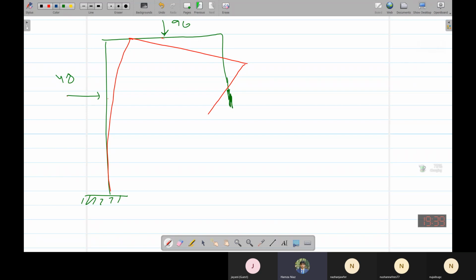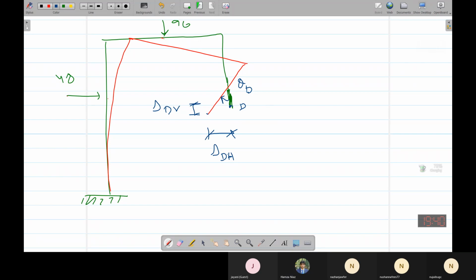We can call this the horizontal deflection, delta dh, the deflection at D in the horizontal direction. This is vertical, from the elastic curve to this origin point. This is the vertical deflection delta dv, and this rotation of the structure is theta d.